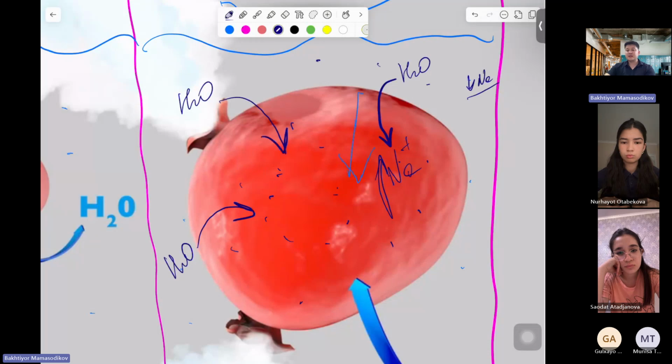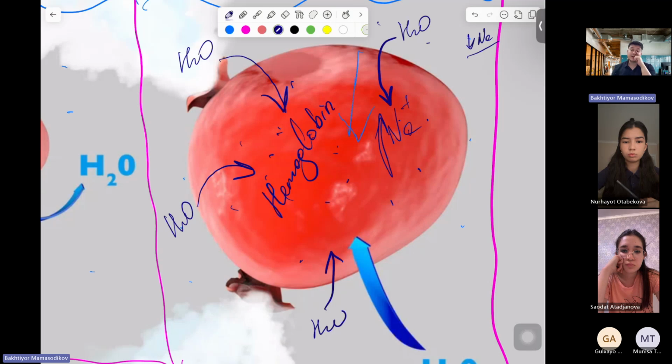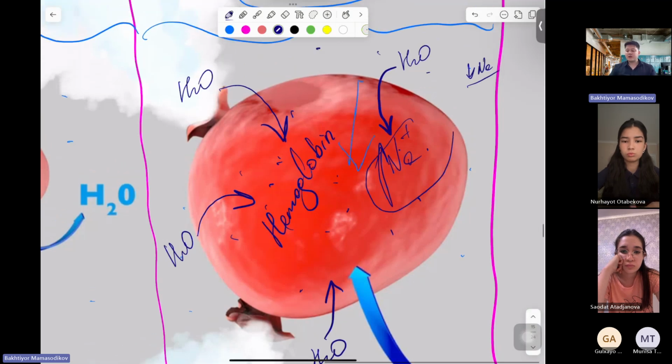In this type of solution, this is the red blood cell, this is the hemoglobin. So this cell is going to increase in size because water is entering it, because we have a higher amount of sodium inside.